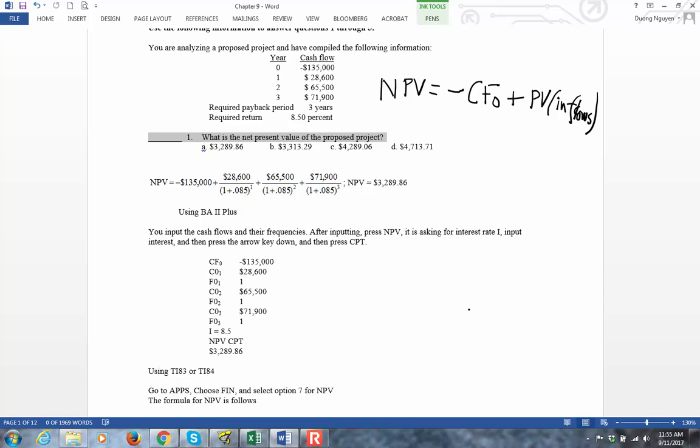It is asking you for cash flow in time 2. You input 65,500, enter, press the arrow down. It is asking for F02, which is the frequency in year 2. You input 1 and press enter and the arrow key down one more time.